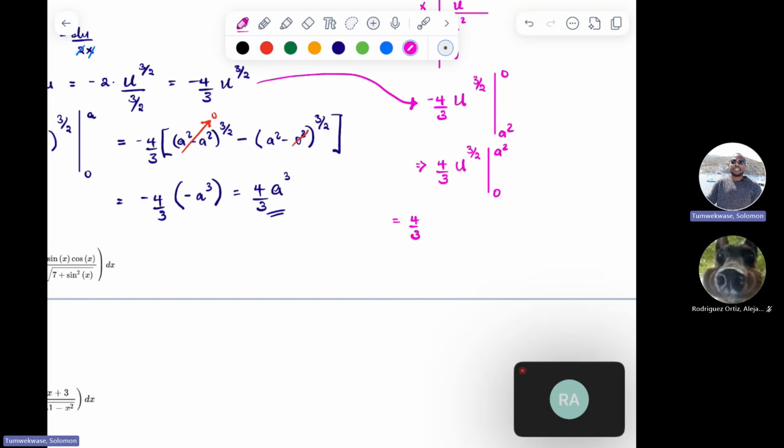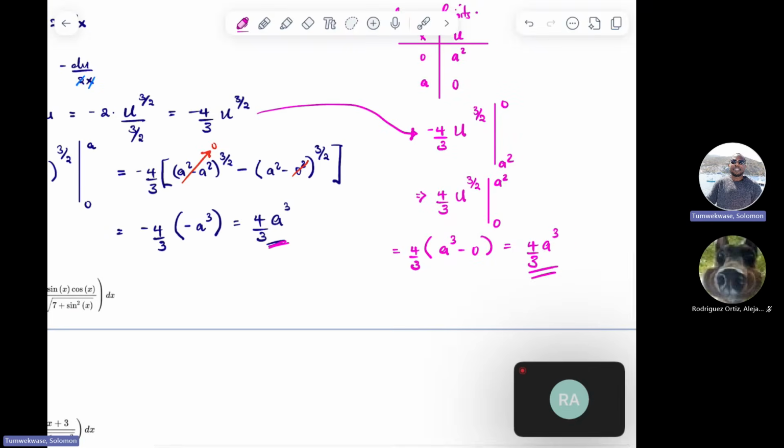Let me use the second one. Into u to the, so we are substituting this guy where there is u. So that is a squared to the power 3 over 2, which is a cubed, then minus, when I substitute, I get a 0. So this is 4 over 3 times a cubed, which is exactly the same as that.